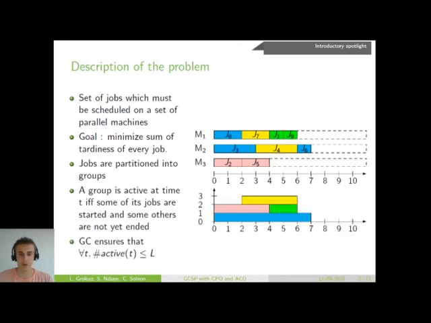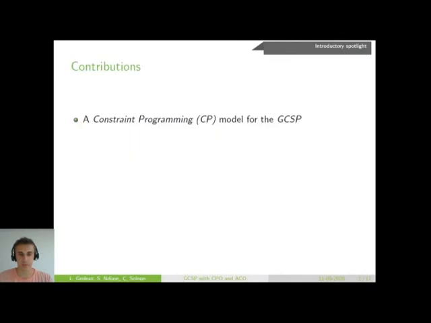Now, the group cumulative constraint ensures that at all times t, the number of groups that are active at that time t is lower than a given limit denoted L. Here, for example, the maximum number of groups that are simultaneously active is equal to 3, and this maximum is reached at time 5, for example.